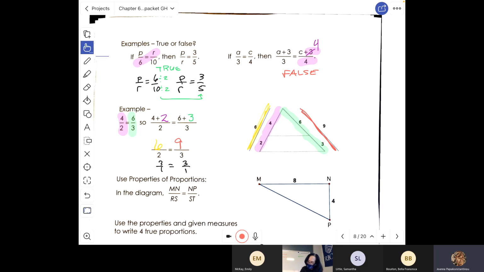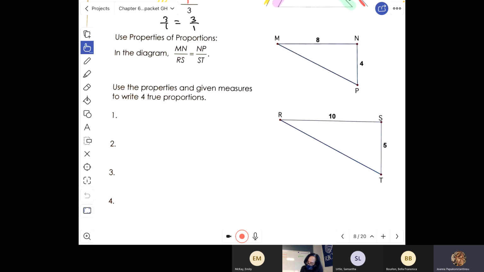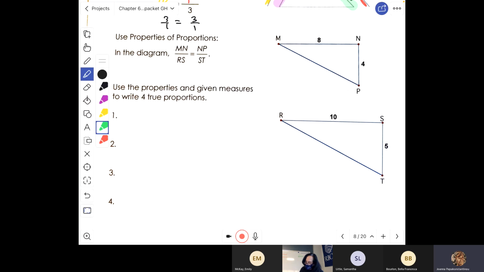Okay, let's use the property of proportions in the next one. So I have MN over RS, so I'm going to write those values down because I see them.